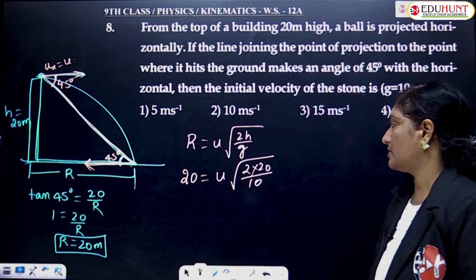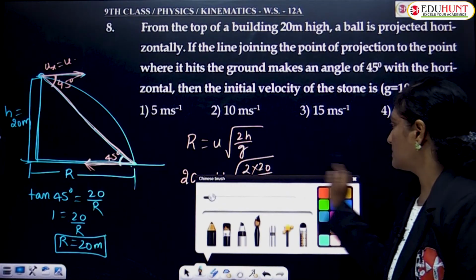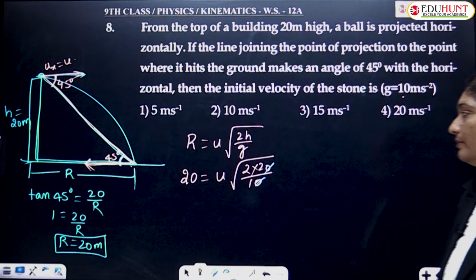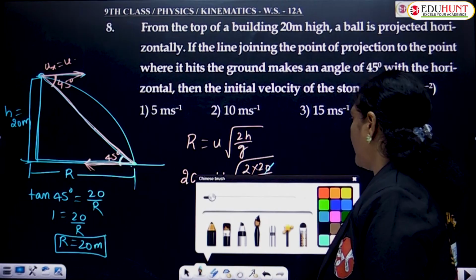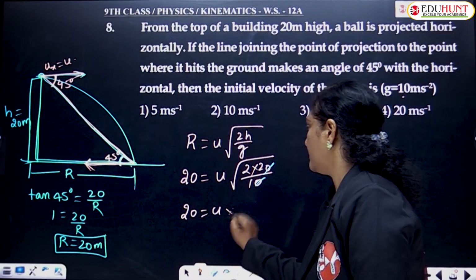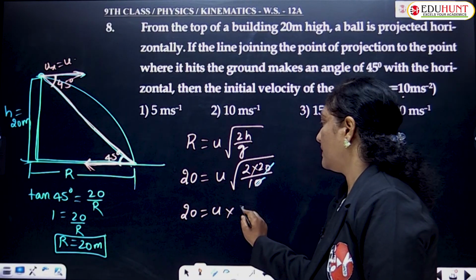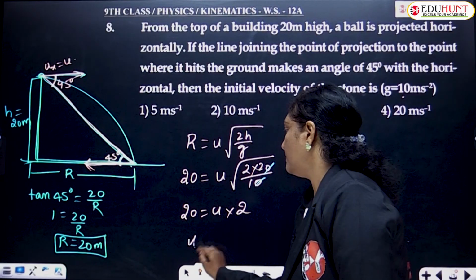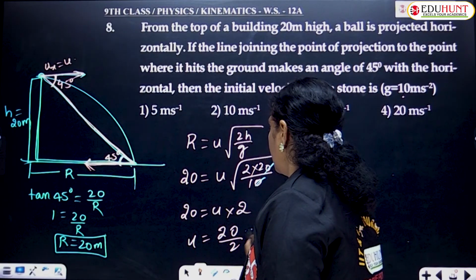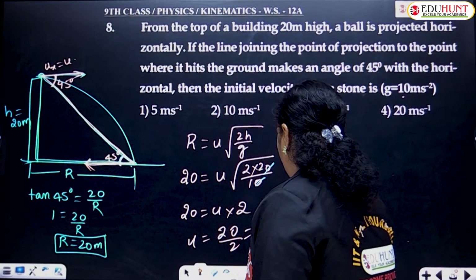So this 10 will go off, 0 and 0 get cancelled. Root over 2 into 2 will get root 4 as 2. Hence, solving the above equation, we have 20 equals u into 2. Hence, the value of u is found to be 20 by 2, that is nothing but 10 meter per second.